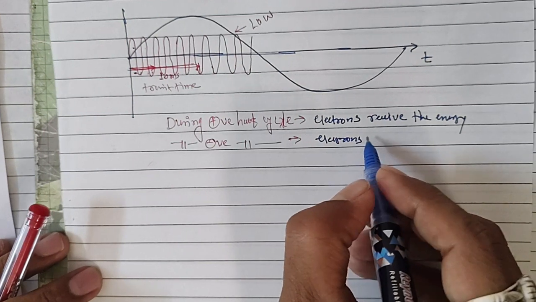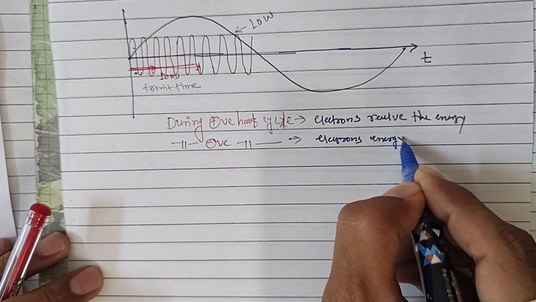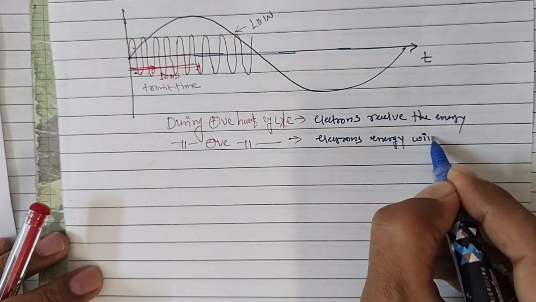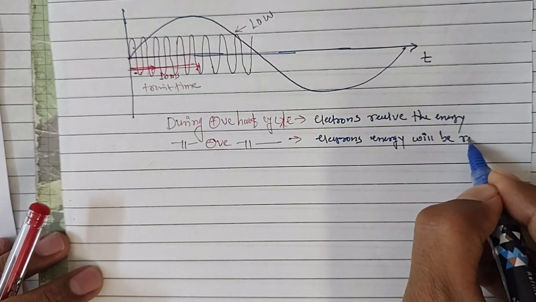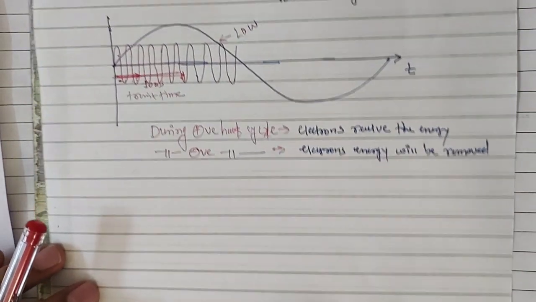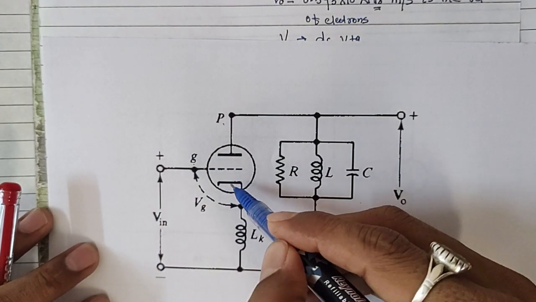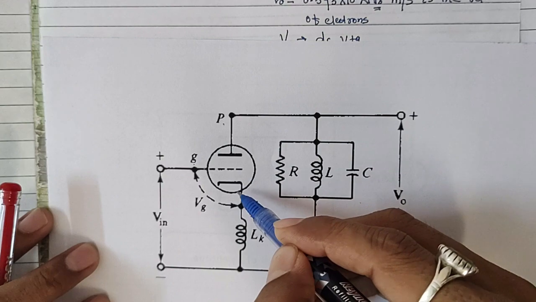Electrons' energy will be removed. So because of this phenomena electrons will oscillate forth and back between the space cathode and grid.